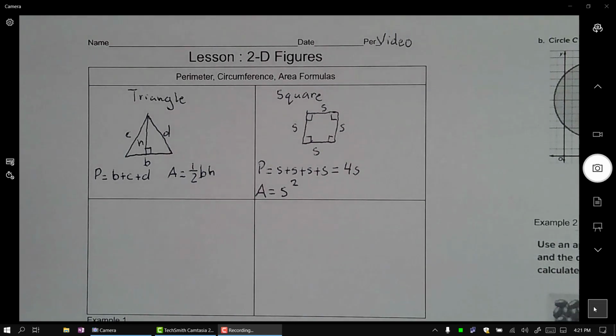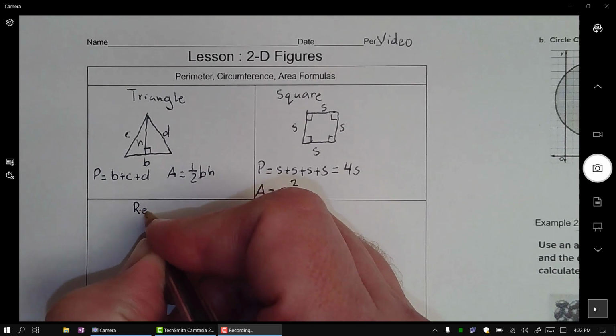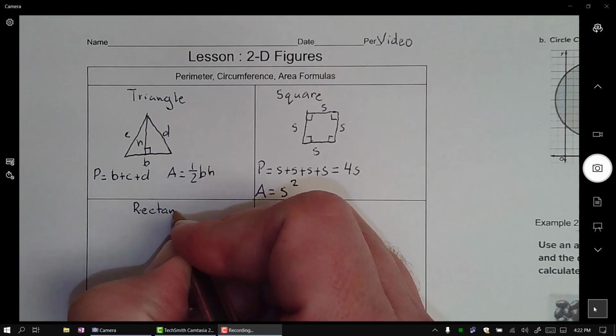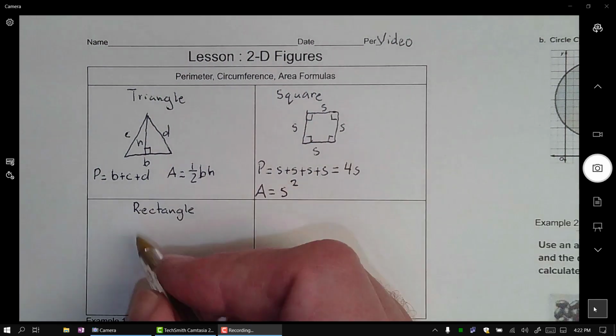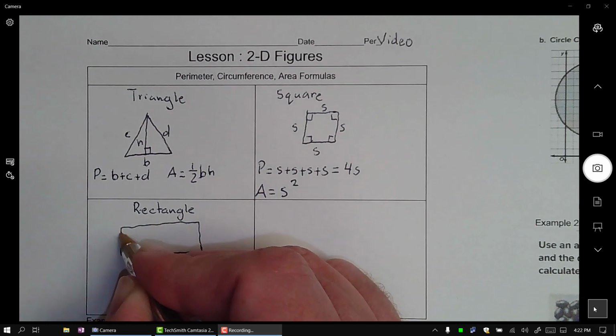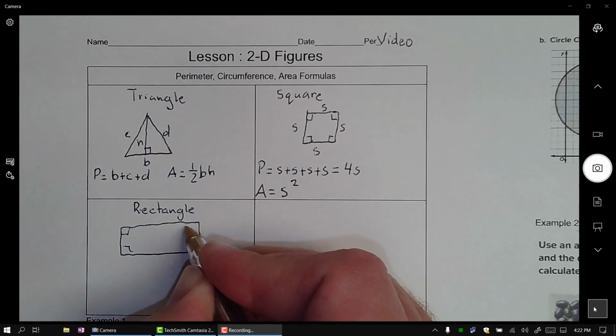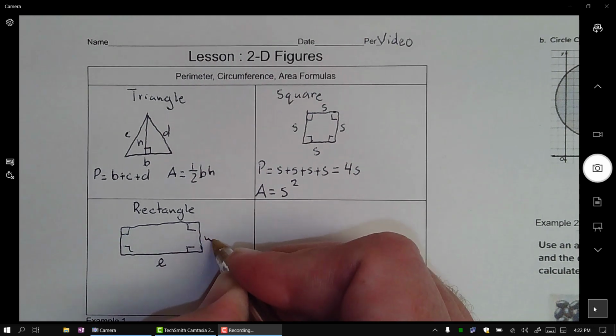Our next figure is a rectangle. It's similar to the square, just a little different. With this, we have our length and our width.